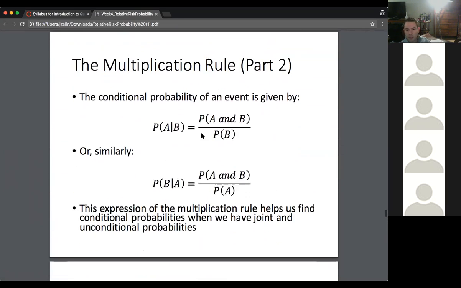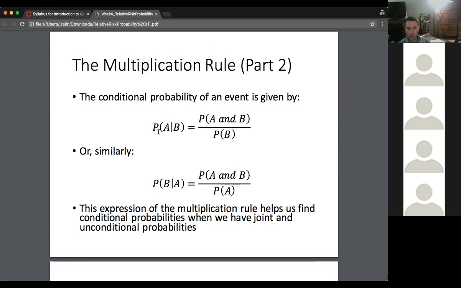So even just calculating what your conditional probability is, you're going to use unconditional probability. So if you're asked to calculate a conditional probability, you might have to use unconditional probabilities. And then if you were asked to find the relative risk, you might have to use a conditional probability in that calculation.